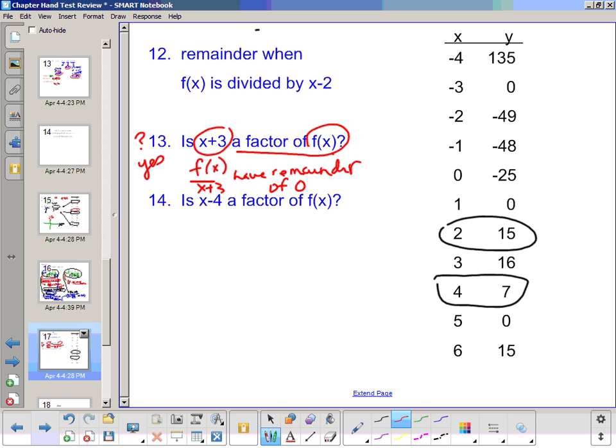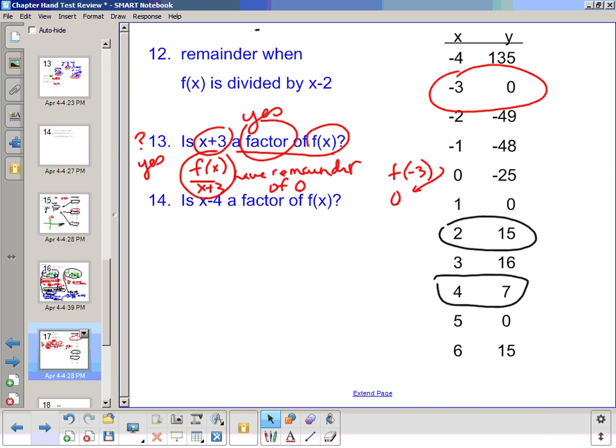It also means that f of negative 3 would equal 0. And if we look, f of negative 3 is indeed 0. So since f of negative 3 is 0, the remainder when f of x is divided by x plus 3 equals 0, that means yes, x plus 3 is a factor.